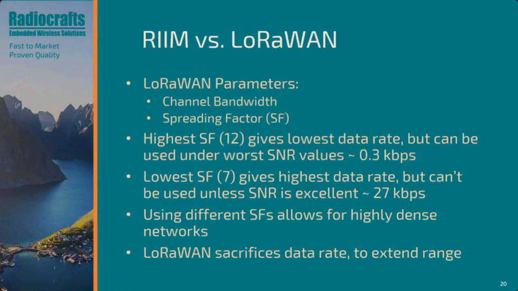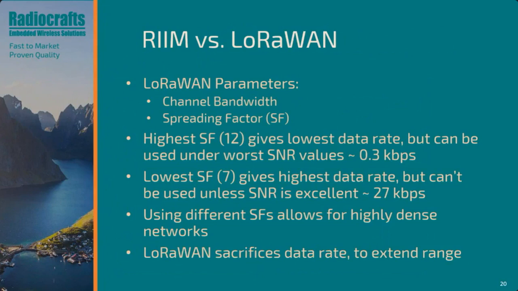Okay, so let's try to compare RIIM and LoRaWAN. First of all, LoRaWAN is a bit special. It has special parameters like spreading factor. Very briefly, the higher the spreading factor, the highest being 12, the lower the data rate, but it has the advantage that it can be used under the worst SNR values, and it gives around 0.3 kilobit per second.